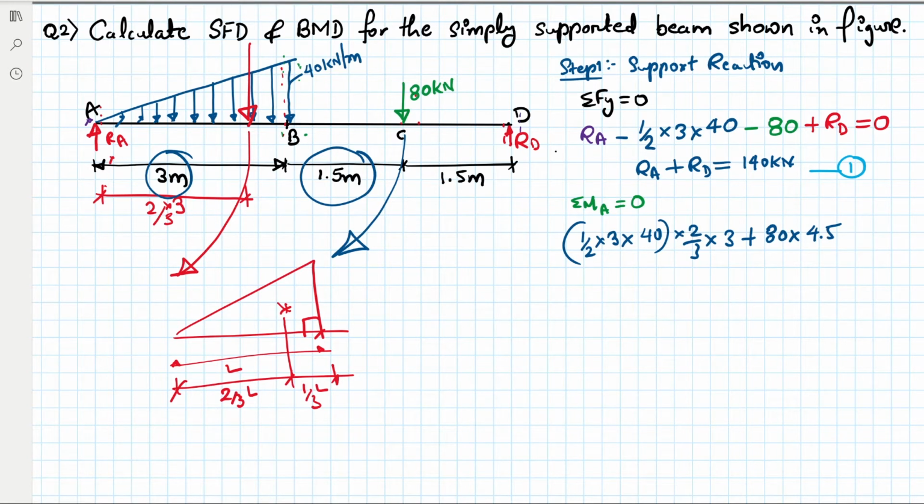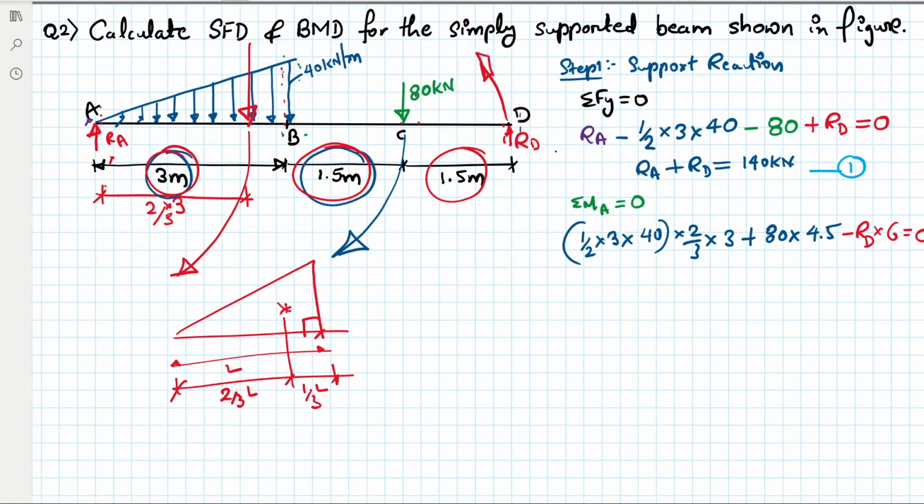Then RD about A is going to rotate point A in anti-clockwise direction, therefore minus RD into the distance, 3 meter plus 1.5 meter plus 1.5 meter, total 6 meter, equal to 0.